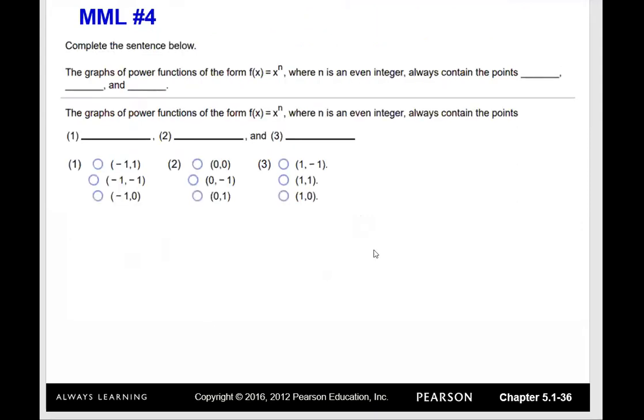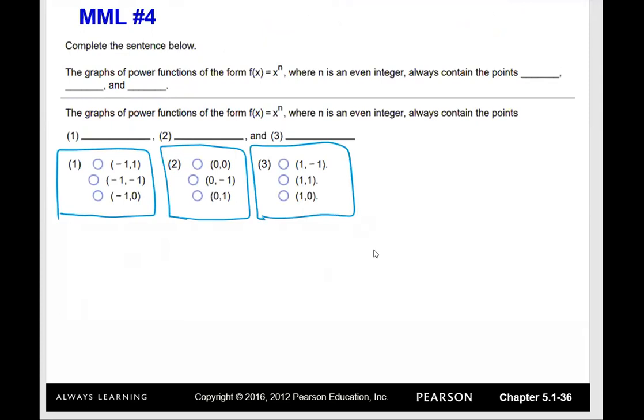Okay. Complete the sentence below. When you're in MyMathLab, these are going to be drop-down boxes. There'll be drop-down boxes 1, 2, and 3. I had printed out the homework and took a screenshot of the printed version.